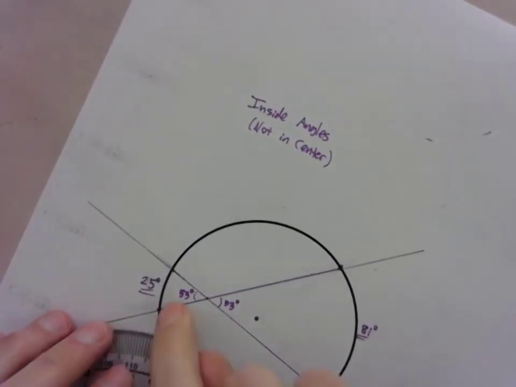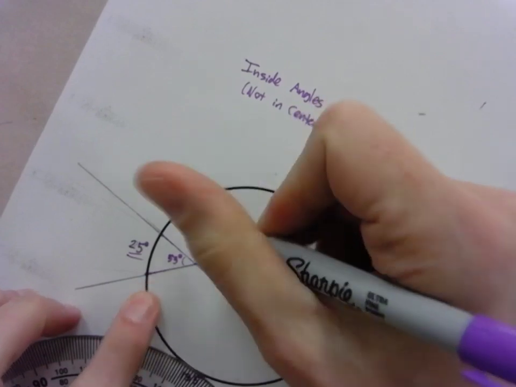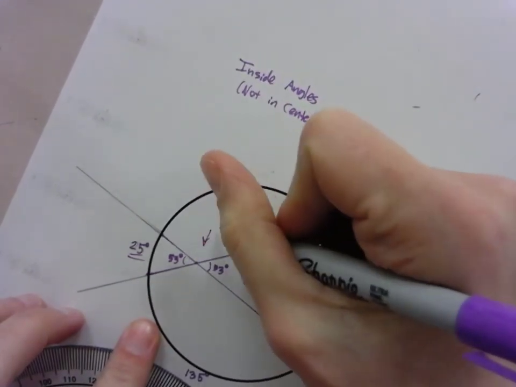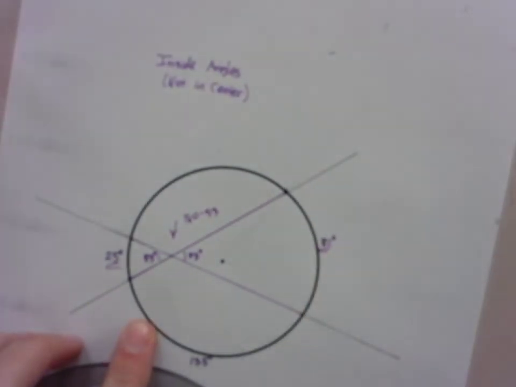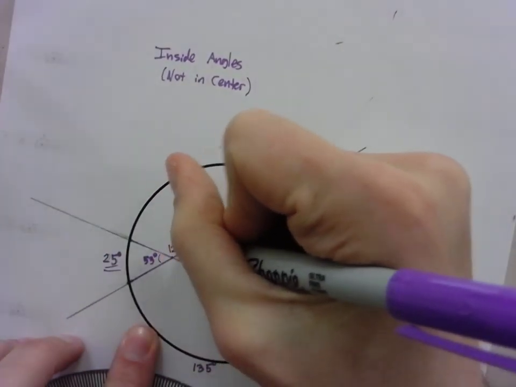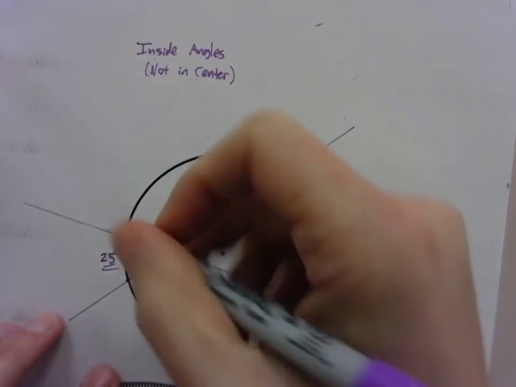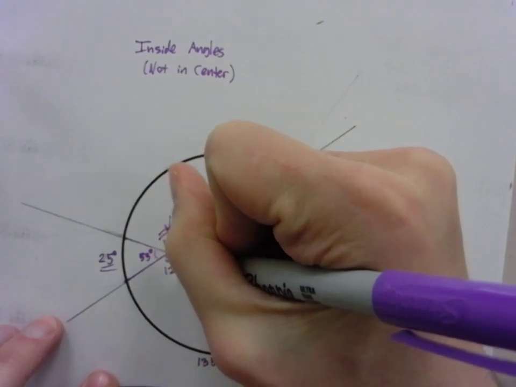Now, we all know that two angles that form a straight line are supplementary, so this angle should be 180 minus 53, so that should be 127. So I won't remeasure that. That's 127. Therefore, the vertical angle below it is also 127 degrees.